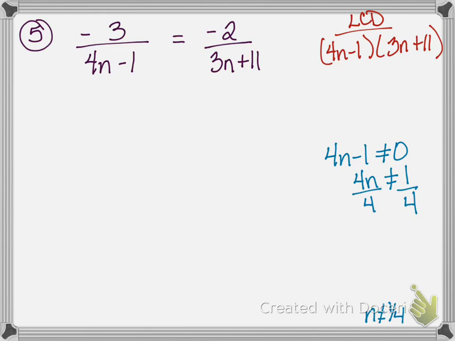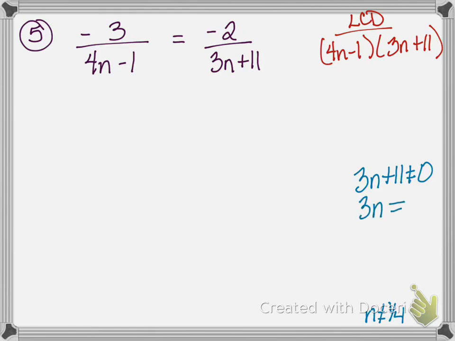Okay, now we've got to do the second denominator. So my second denominator is 3n plus 11. It cannot be 0. So you just set that equal to 0. You take that denominator and you put it equal to 0. The line through it says cannot be. So I'm saying 3n plus 11 cannot be equal to 0. So then I have 3n cannot be equal to negative 11.